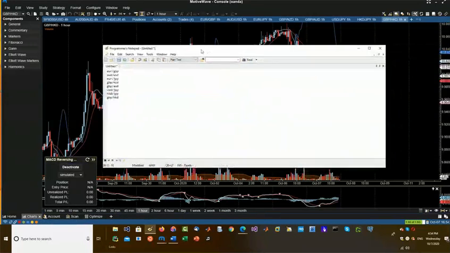So these are what I've got on for the next few hours. Euro against the pound, Australia against the USD, Euro against the yen, pound against the New Zealand, pound against the Australian, USD against the yen, Hong Kong against the yen, and GBP against the Hong Kong.